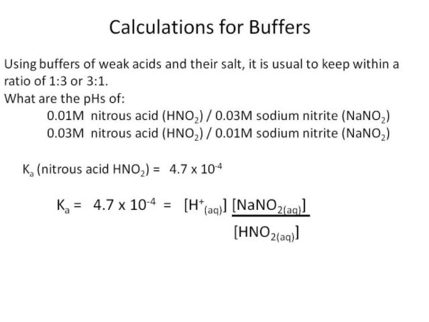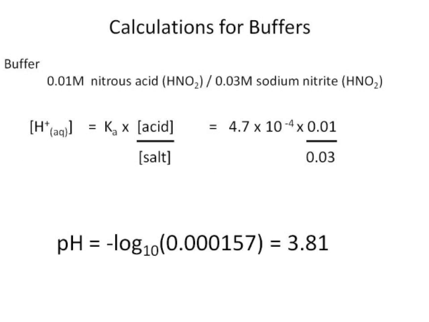If we solve that for H plus, it is acidity constant multiplied by acid over salt: 4.7 times 10 to the minus 4 multiplied by 0.01 divided by 0.03. Note at this point that could be 1 molar and 3 molar. It could be 1 times 10 to the minus 5 molar and 3 times 10 to the minus 5 molar. We're just looking at a ratio.